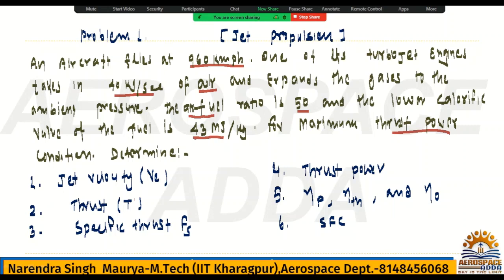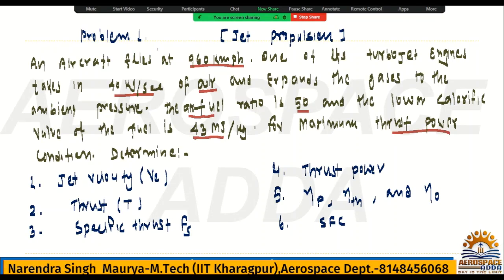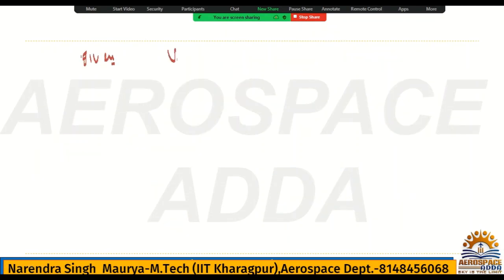Okay. So see, what are the given data here? The aircraft speed, V infinity, is given as how much? 960 kilometer per hour, right? So you just convert this 960 kilometer per hour.